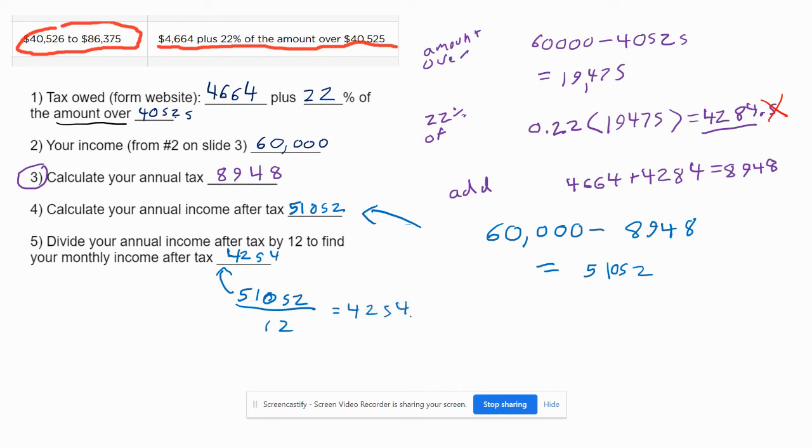So I'm bringing home after taxes $4,254 per month. Let me go through, just because it's a good habit, and put dollar signs next to all my monies. And that is as far as I would like you to get today on this project.